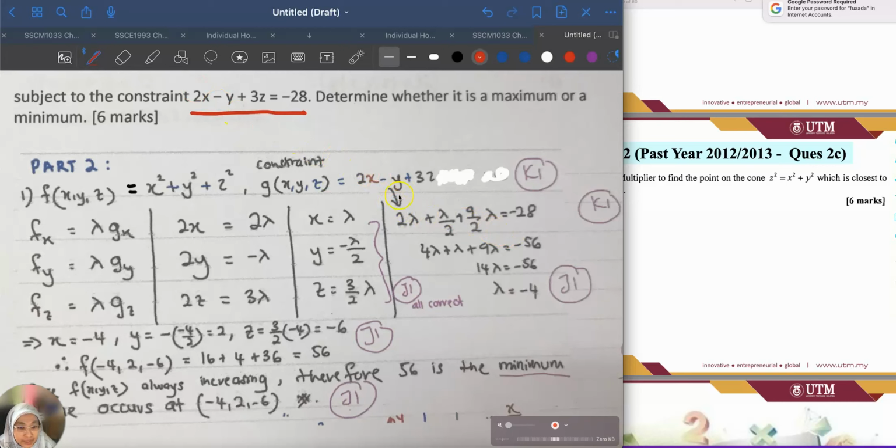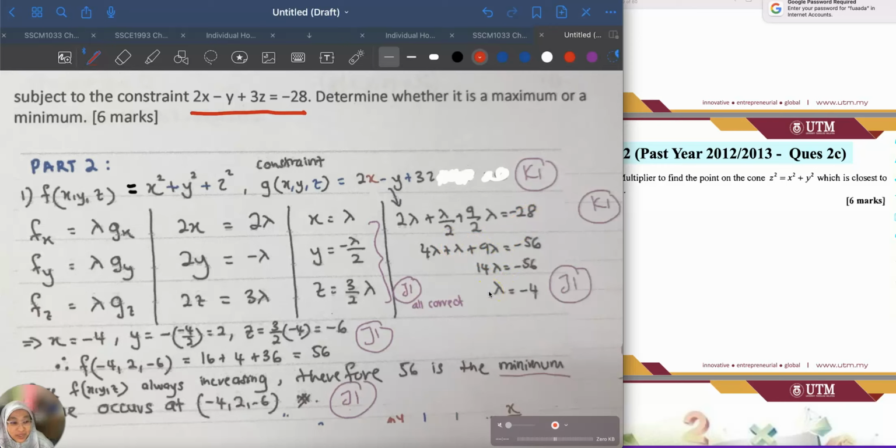So you replace the 2x, x is lambda, so this one lambda, minus y, so y is negative lambda over 2, so negative, negative, it becomes positive, and then 3z, so 3 times 3, so 9 over 2 lambda equal to negative 28, and then we simplify and we obtain lambda.